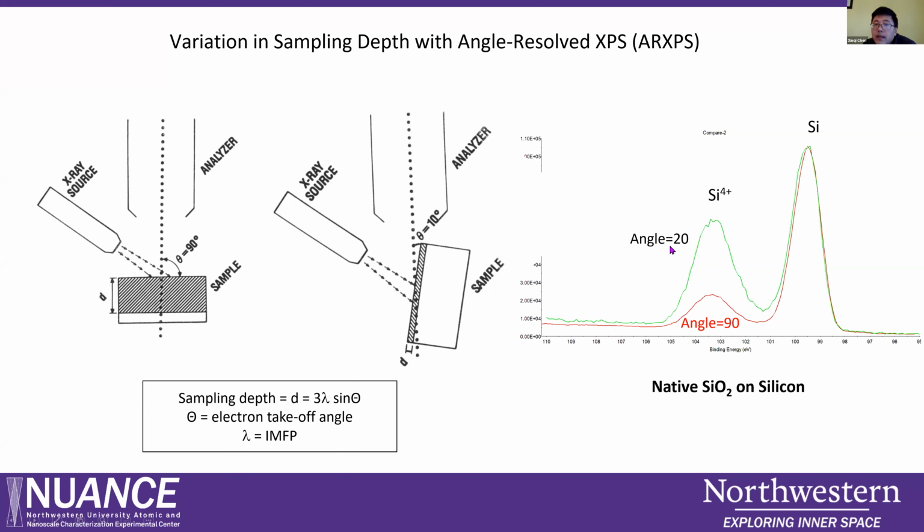If I tilt to 20 degrees, then the contribution from the native layer is much higher, so I can enhance the signal. This is just one angle tilt. Of course, we can also set up multiple tilts and get angle-resolved spectra.